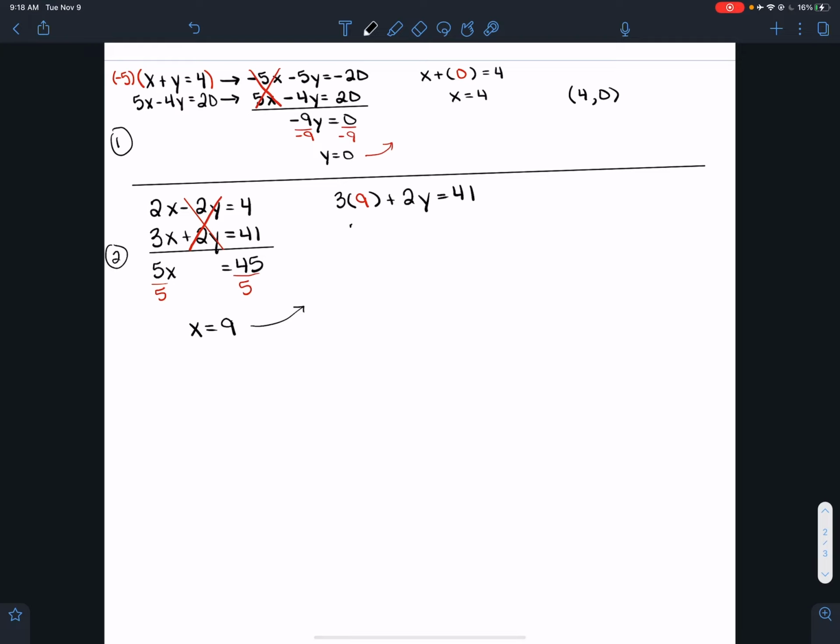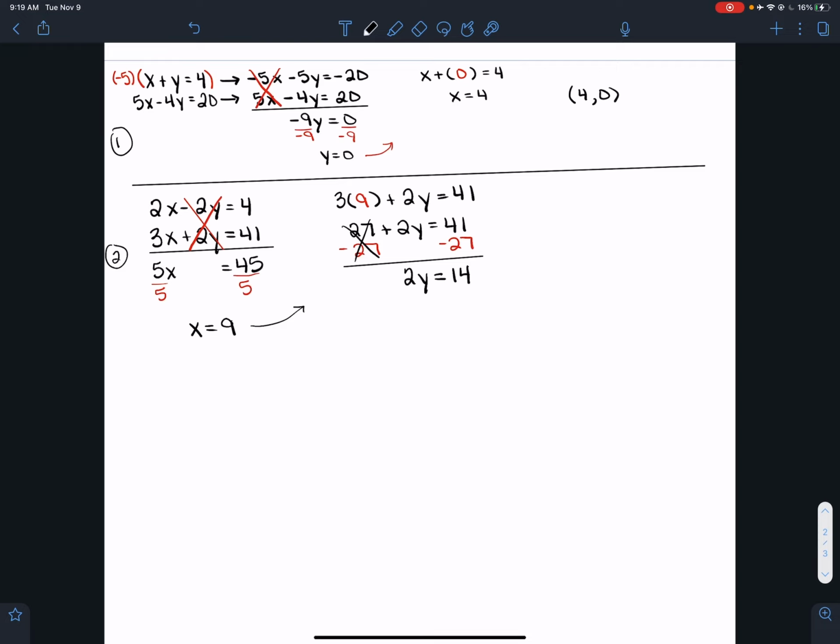So 3 times 9 is 27 plus 2y equals 41. Subtract 27 from both sides. Okay, so we've got 2y equals 14.